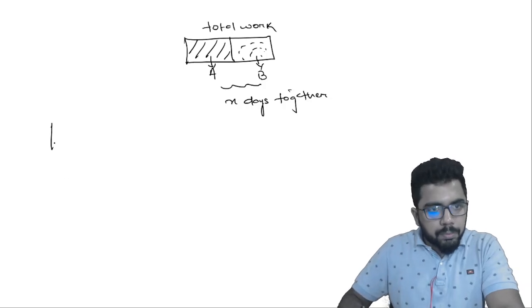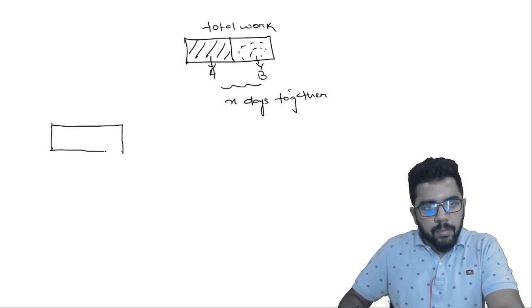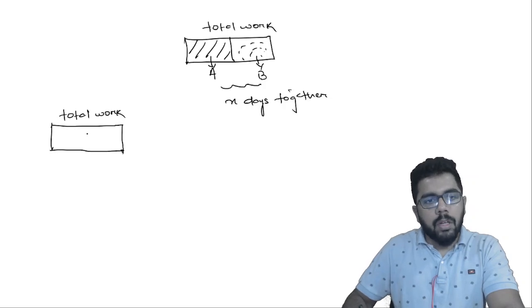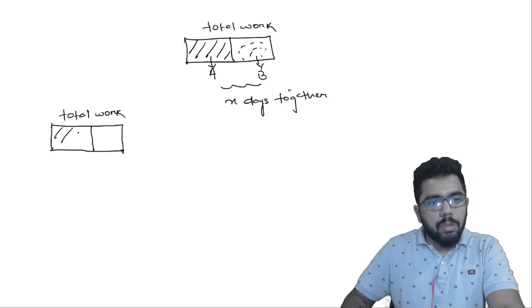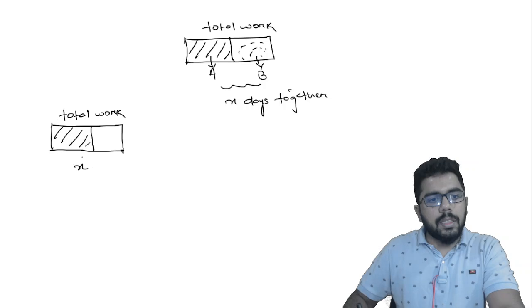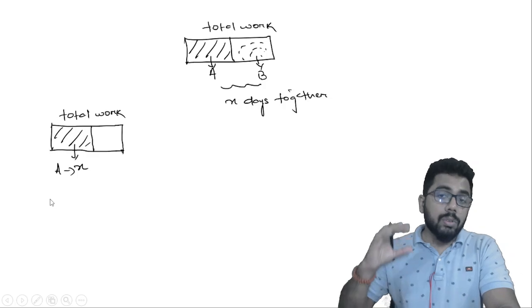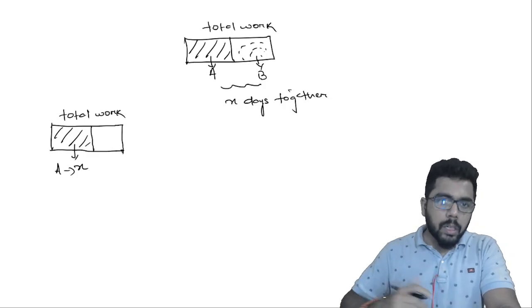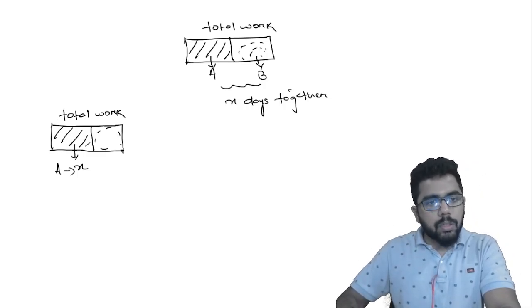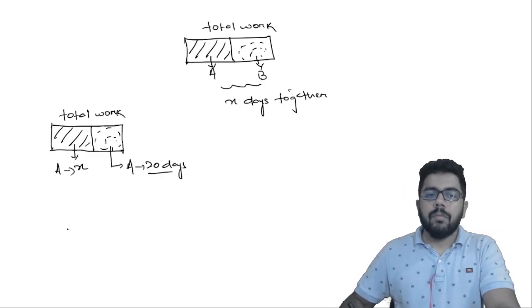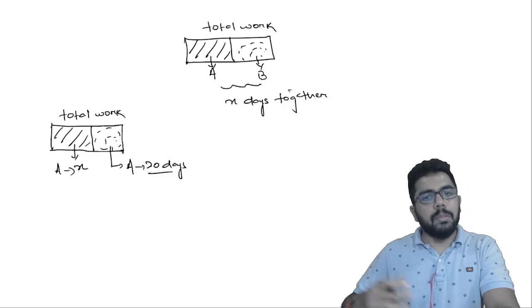Now imagine if Vijay is not there. Again, this is the total work, and if Amit is working alone, Amit in X days will only do this amount of work, but the work is still not complete because Vijay is not there. So the work which was done by Vijay earlier, now Amit will do. And in order to do that work, Amit is taking 20 days. So total time taken is X plus 20 here.